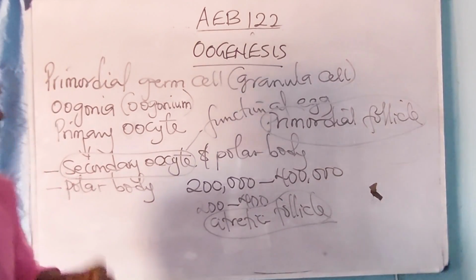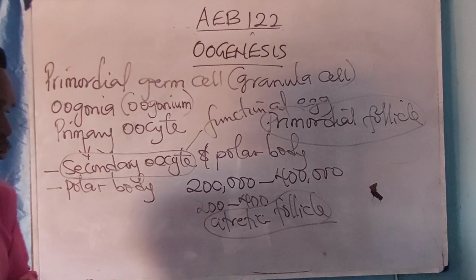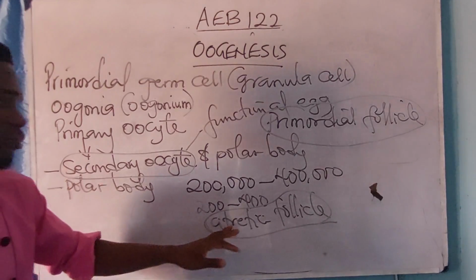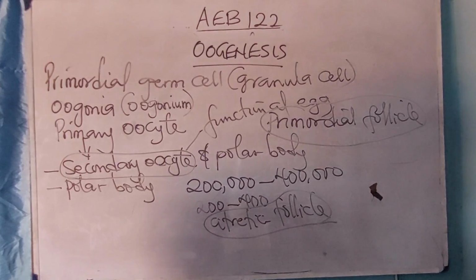They'll ask you, a cyst-like body in the ovary that does not have the ability to produce an egg is called what? Atretic follicle. It is very, very important.